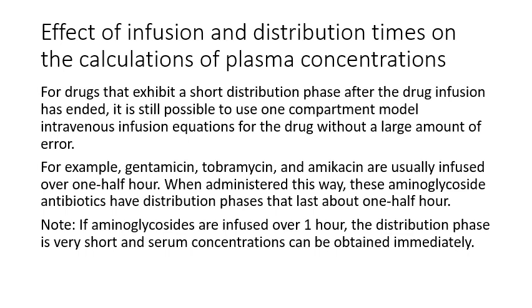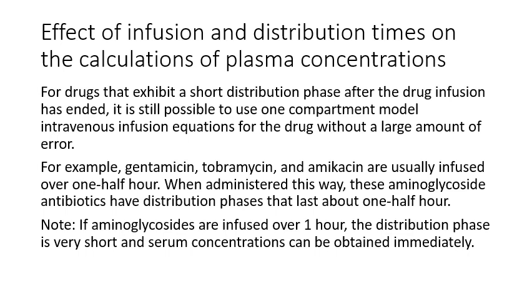Okay, effect of infusion and distribution time on the calculations of plasma concentration. For drugs that exhibit a short distribution phase after the drug infusion has ended, it is still possible to use one-compartment model intravenous infusion equations for the drug without a large amount of error.